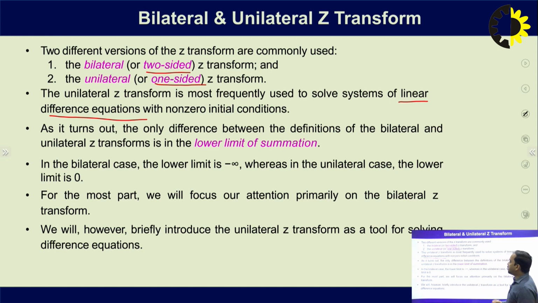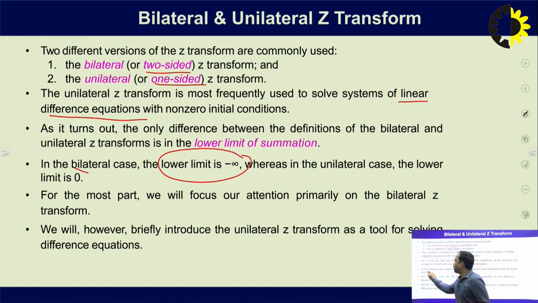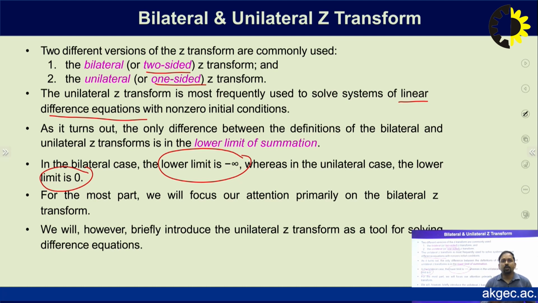For bilateral the lower limit is minus infinity, whereas for unilateral the lower limit is 0. Most of the time we'll be discussing the bilateral Z transform, but while solving linear difference equations we'll use the unilateral Z transform.